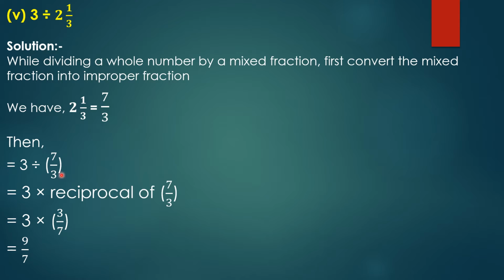Okay, now we have to do the division, that means we have to convert the division into multiplication. For that we have to take the reciprocal of 7 by 3. So 3 into reciprocal of 7 by 3, which is equal to 3 into 3 by 7, because 3 by 7 is the reciprocal of 7 by 3, which is equal to 3 into 3, 9, 9 divided by 7. It is the answer for the given question.